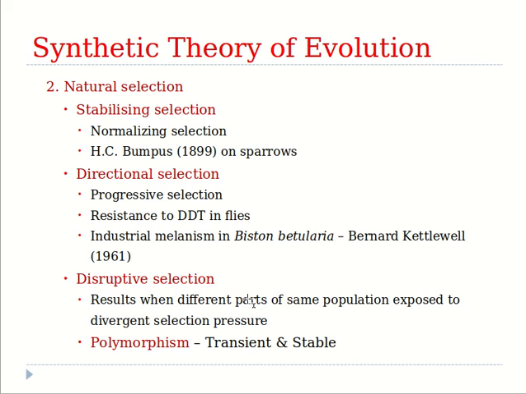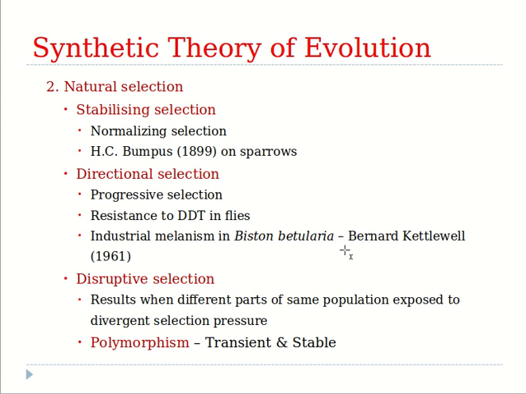Now when we spoke about industrial melanism, we saw that in the same population of Biston betularia, the peppered moth, two kinds of individuals existed, isn't it? Even in the same area, two kinds of individuals were existing, but in different proportions.